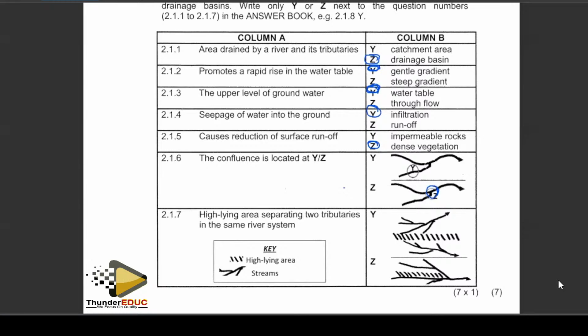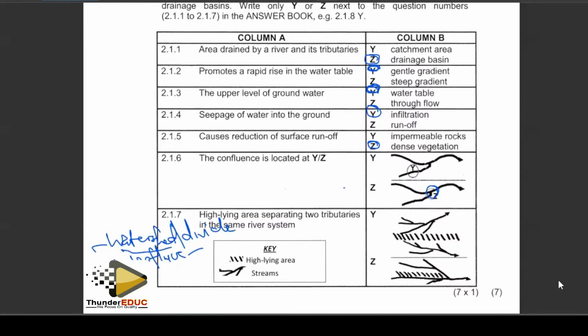A high-lying area separating two tributaries in the same river system. You should be able to differentiate between a watershed, which is also a divide, from an interfluve. This question is asking about an interfluve. An interfluve is a high-lying area separating two tributaries within the same drainage basin or two tributaries of the same river system.